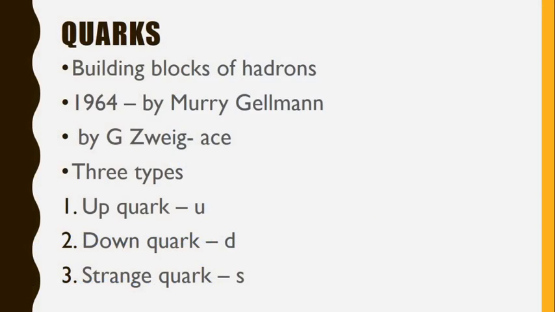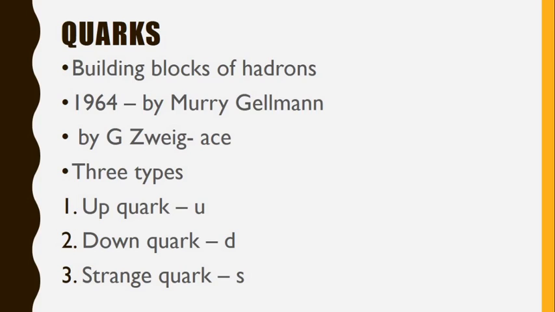So quarks are the building blocks of hadrons. We know from the last class, in the classification of elementary particles, that baryons and mesons together are known as hadrons. These hadrons are made up of quarks. So we can define quarks as the building blocks of hadrons.